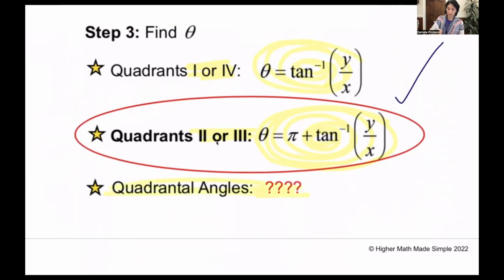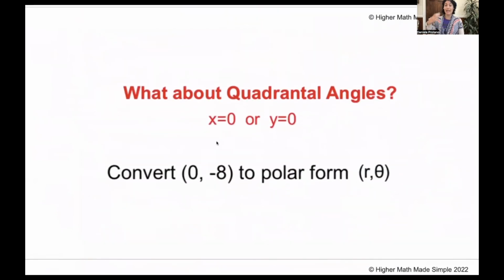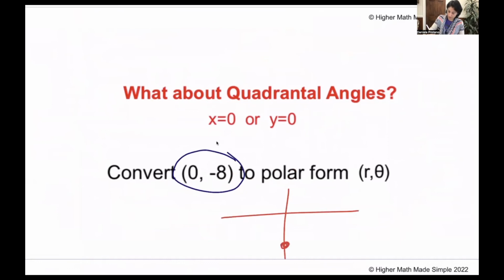Okay, so last but not least, what would you do for a rectangular coordinate that actually is on one of the axes? If we took a look at (0, -8), that would be down here, right? Now, if you were to try and draw a right triangle, you can't.